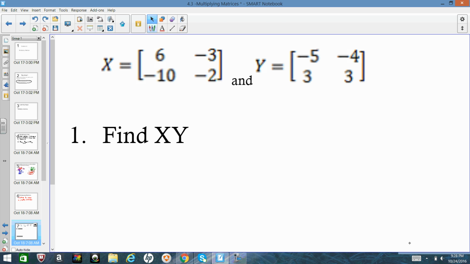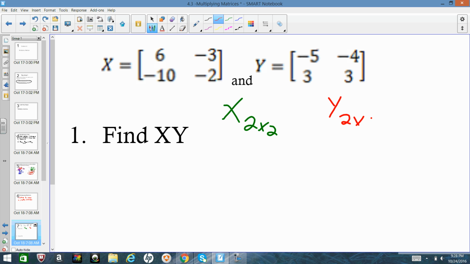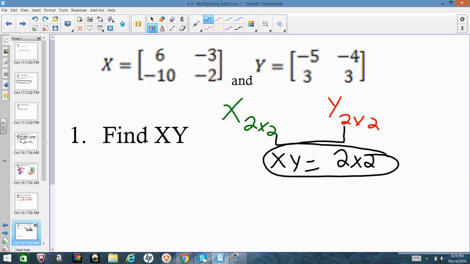So to start, we know x is a 2 by 2. And y is a 2 by 2. We have to see if these are equal, which they are. So xy is going to give us a 2 by 2 when we multiply these matrices.